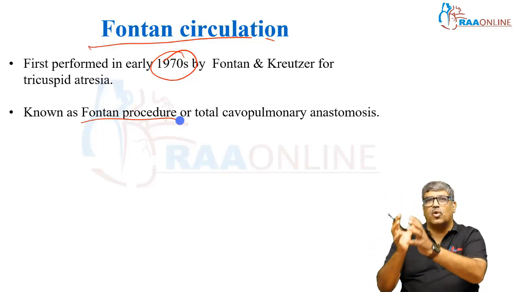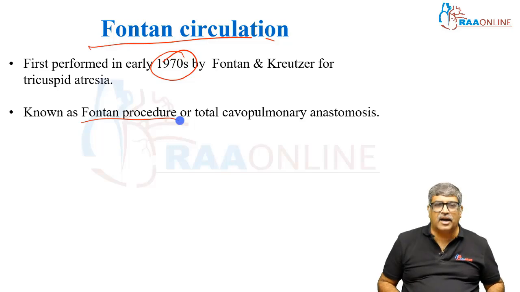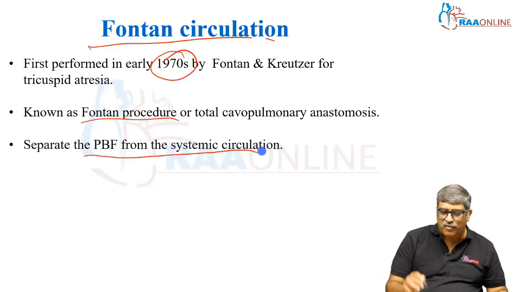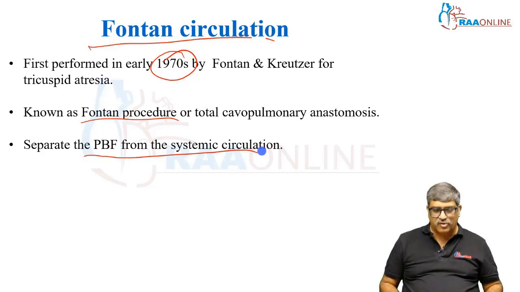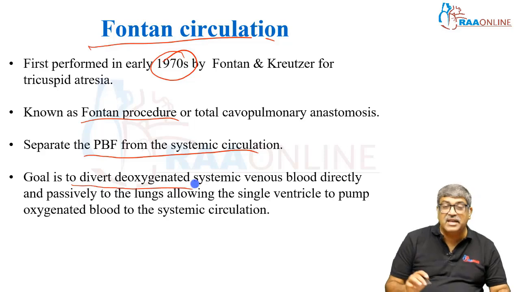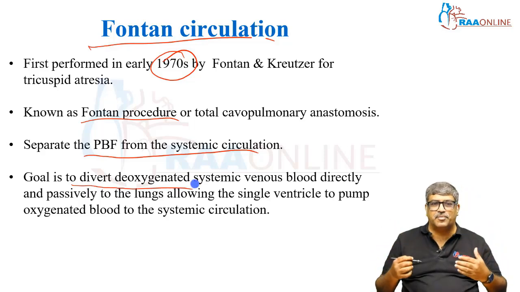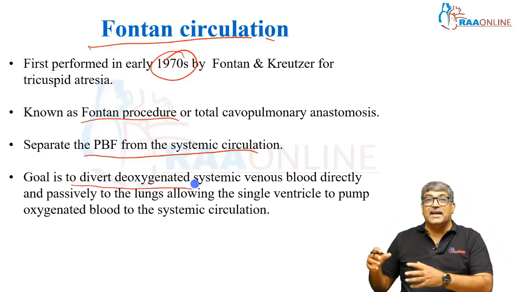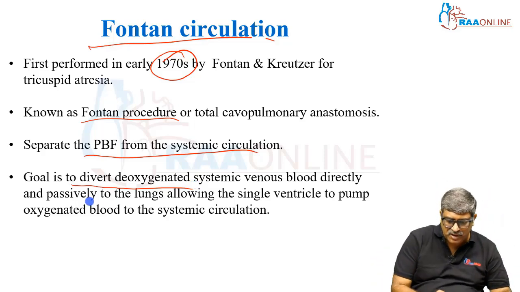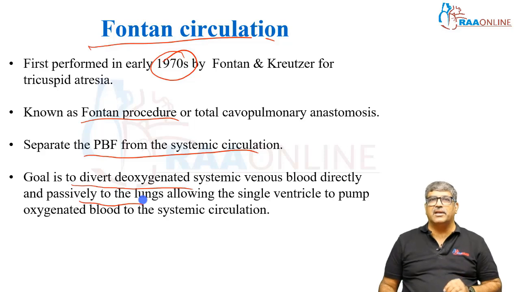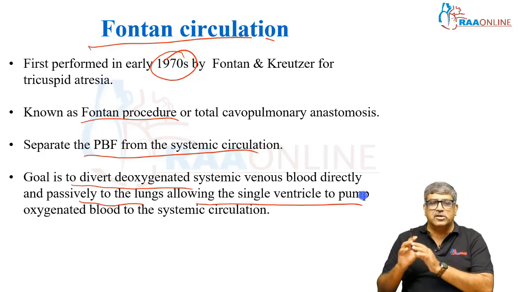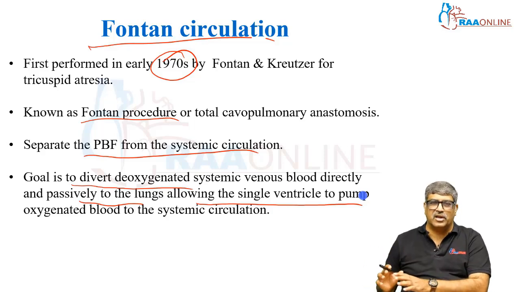It separates the pulmonary blood flow from the systemic circulation. The goal is to divert the deoxygenated venous blood directly and passively, that is very important, directly and passively to the lung through the pulmonary artery, thereby allowing the single ventricle to pump the oxygenated blood to the systemic circulation.